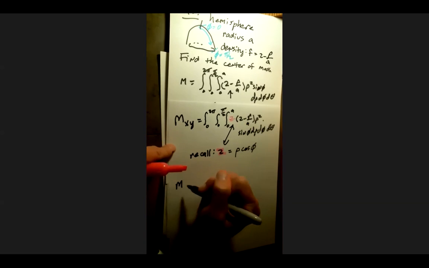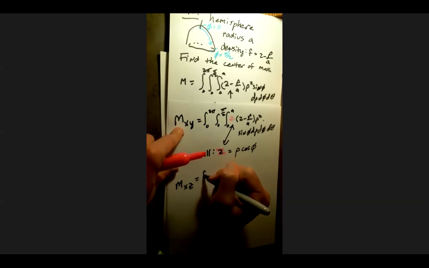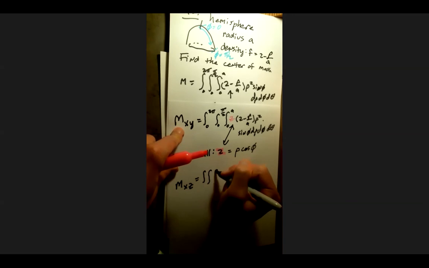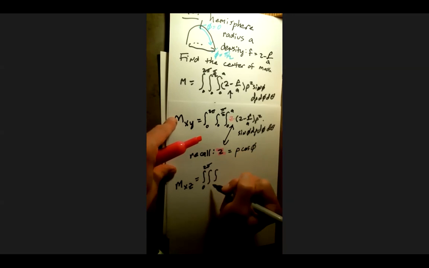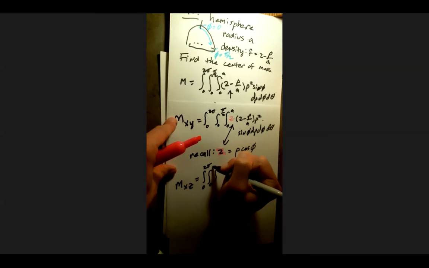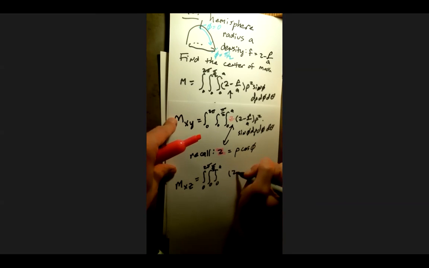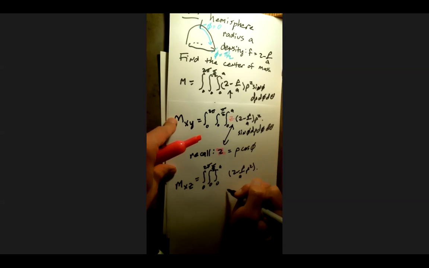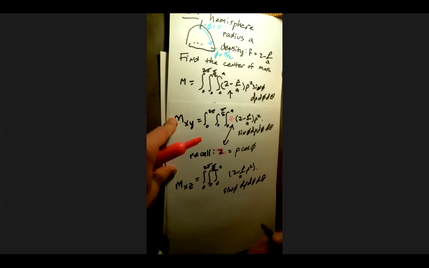If you wanted to find the moment about the xz plane, you have the same triple integral, 0 to 2 pi, 0 to pi/2, 0 to a, same integrand, 2 minus rho over a, rho squared, times sine phi, d rho d phi d theta.